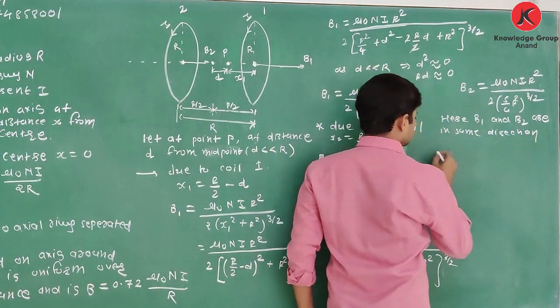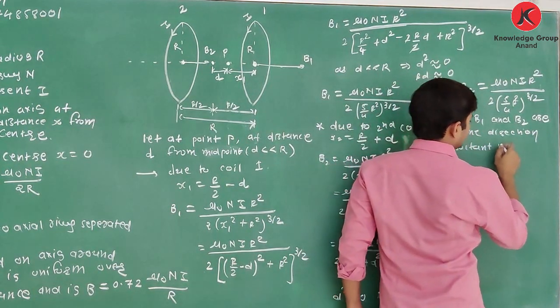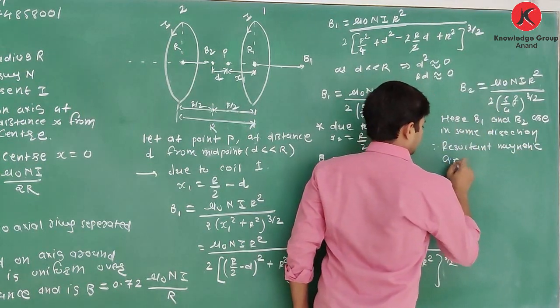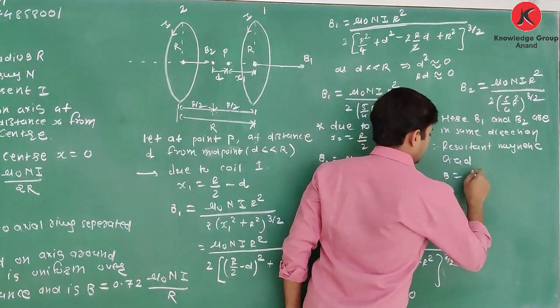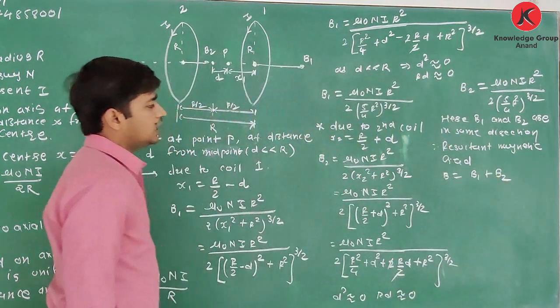And therefore, the resultant magnetic field B is equal to B1 plus B2.